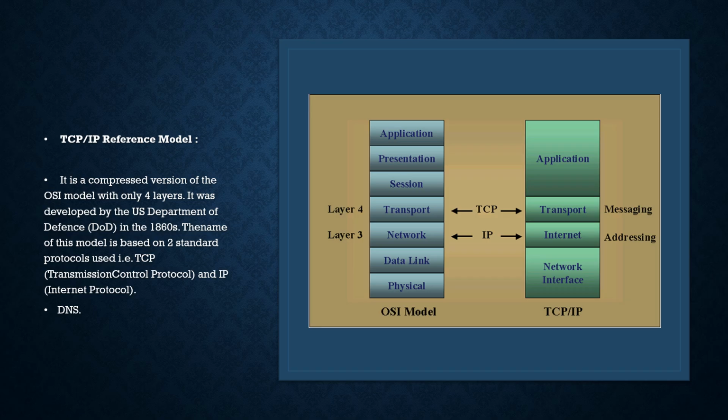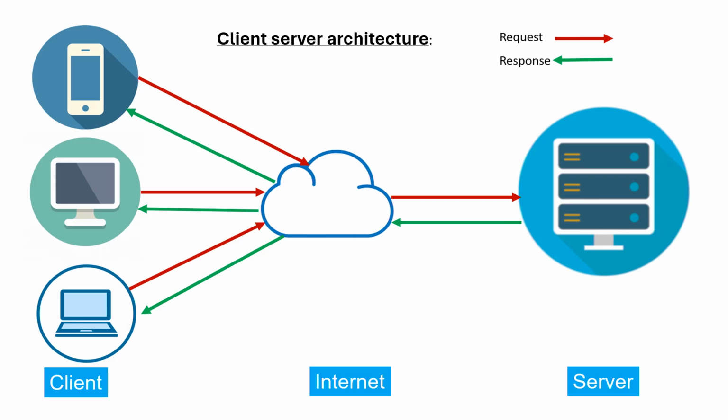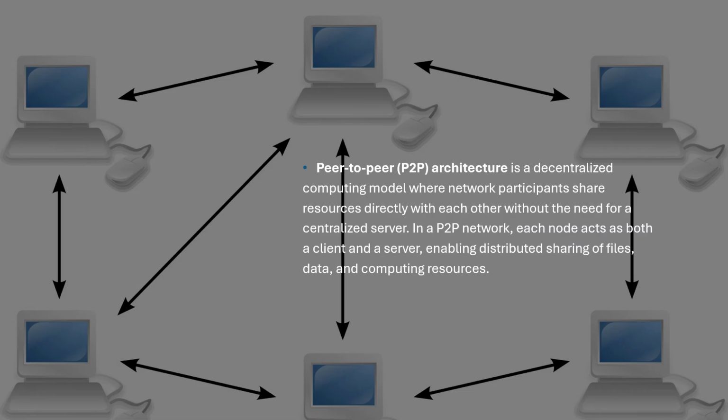This is a basic client-server architecture, where our devices or clients request data and the server responds to the client. This is a P2P architecture, that is peer-to-peer architecture. In this architecture, each system or node acts as both a client and a server.